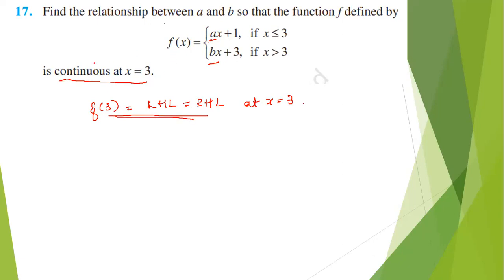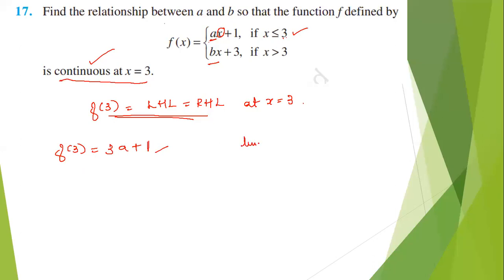Since it is already given that it is continuous, f of 3 will be the same as the right hand limit and the left hand limit. So what will be f of 3? What will be the functional value at x equal to 3? In place of x, you replace 3. So it will be 3a plus 1.